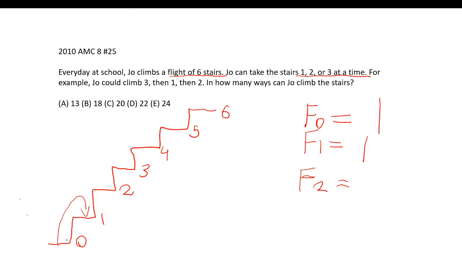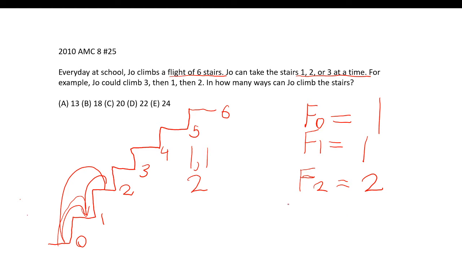First, we're going to start with the simplest case. We can go like this and then like that. Or we could take them 2 at a time. And we see that those are basically the only 2 ways, since we can't take 3. So it's 2 ways. Now our base cases are done.